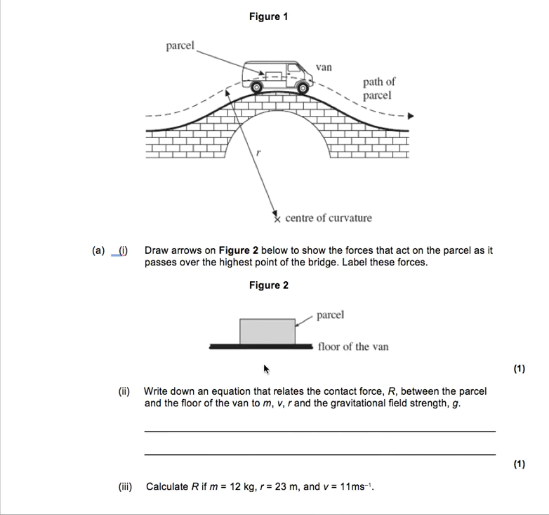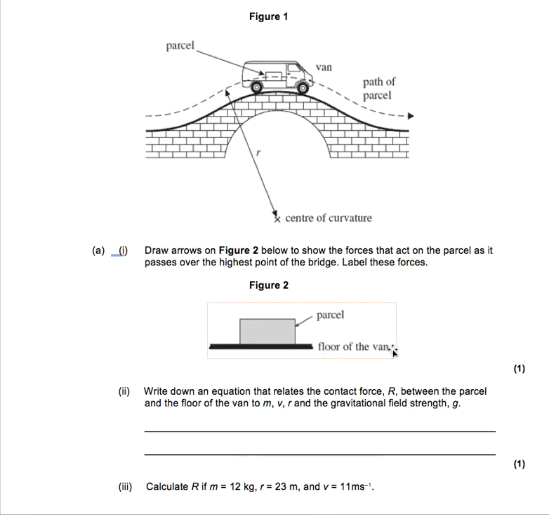Those two lines need to be collinear, they need to be along the same line. I would draw my weight from the centre of the parcel. I would draw my reaction from the floor of the van, but I would show the reaction arrow being shorter than the weight arrow.